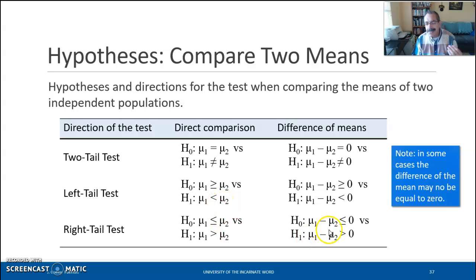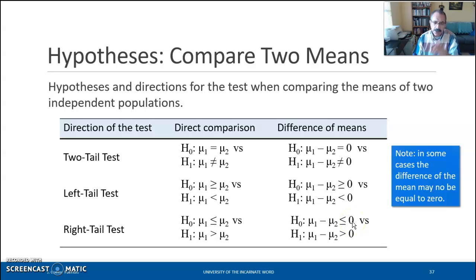Now, if you have a right-tailed test, again, under the alternative hypothesis, you want to show that the first mean is larger than the second mean, and the assumption under the null hypothesis is that the first mean is less than or equal to the second mean. In terms of differences, under the null hypothesis, you have mu1 minus mu2 less than or equal to 0.